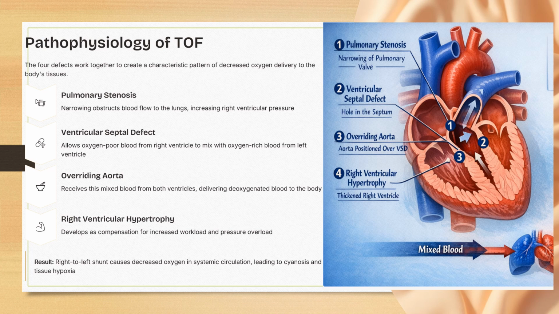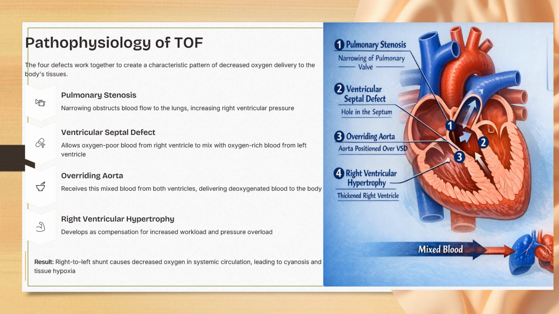So one more time explaining. Generally the right atrium receives deoxygenated blood from the inferior and superior vena cava. Generally it moves to the right ventricle. From the right ventricle it has to go to the pulmonary artery for purification in the lungs. Because of pulmonary stenosis, the deoxygenated blood will not move to the pulmonary artery.